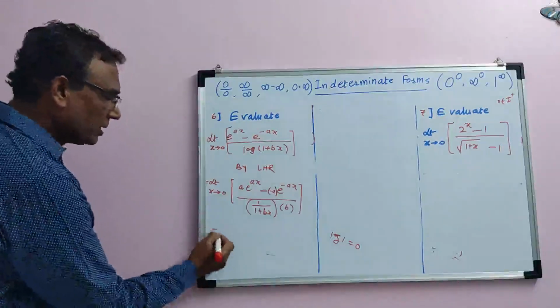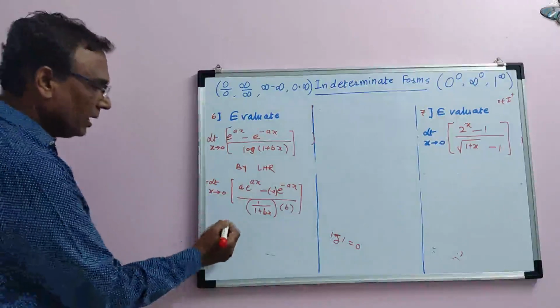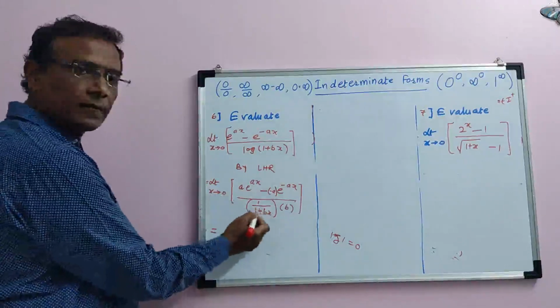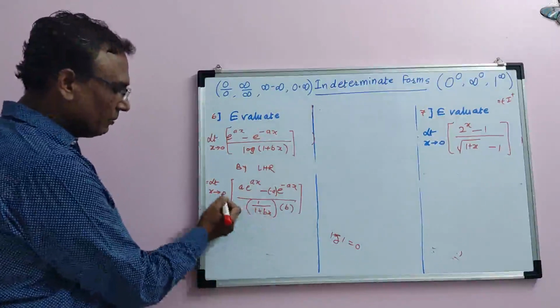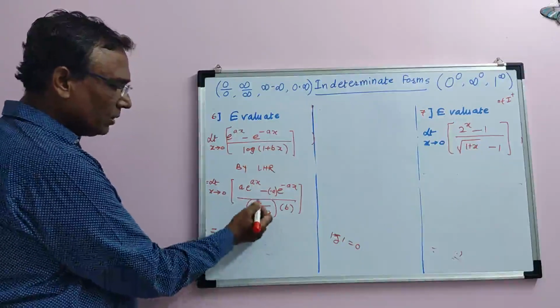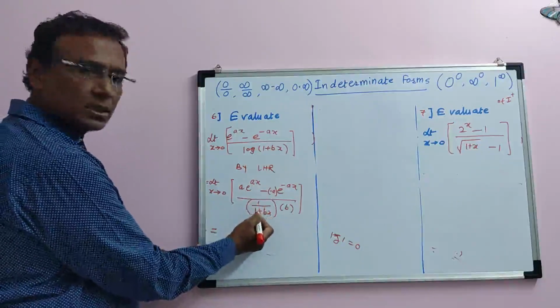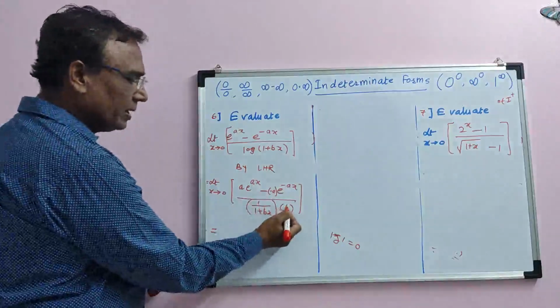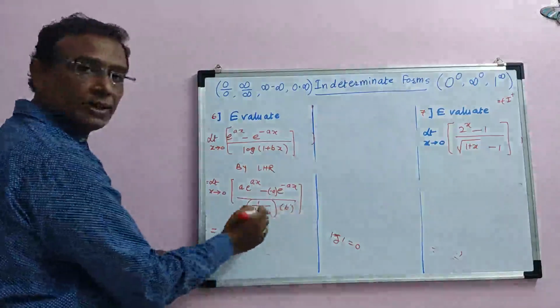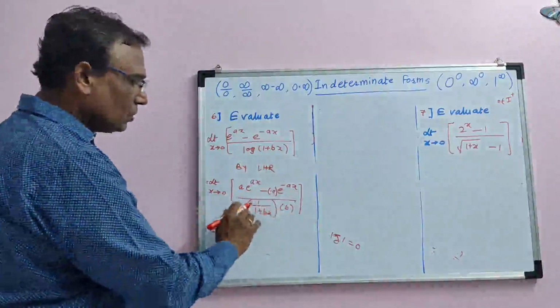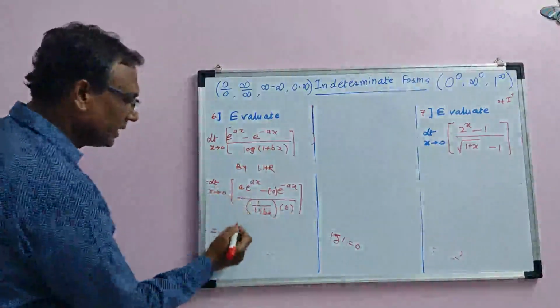After doing this, put x equal to 0 in the denominator. If you put x equal to 0, then 1 by 1 is 1, 1 into b is b. Means in the denominator we are not getting 0 now. So put the value of x directly.